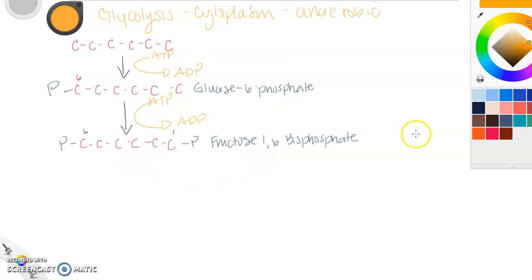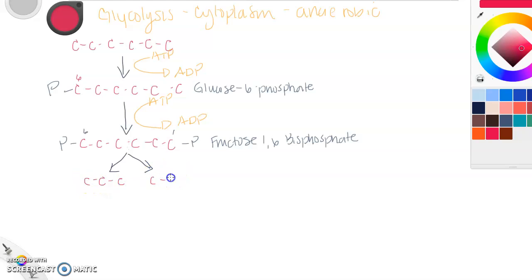Once we get to here, this molecule is cleaved. So it's cut in half here, and it becomes 2 3-carbon molecules.